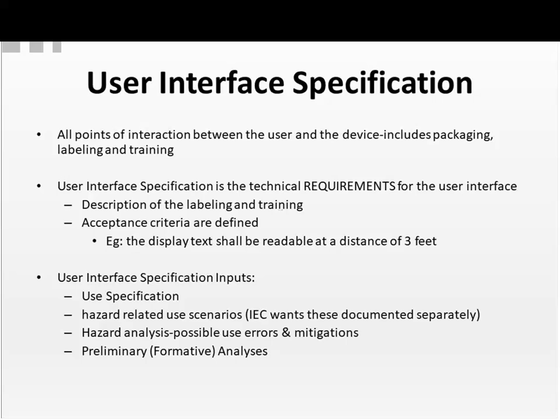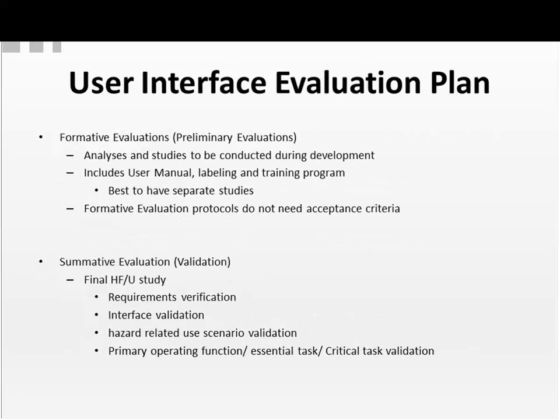Some inputs to this user interface specification is the use specification that we just described, the hazard-related use scenarios that we discussed, and the hazard analysis, and the mitigations, and other preliminary or formative analyses that are conducted. The user interface evaluation plan.